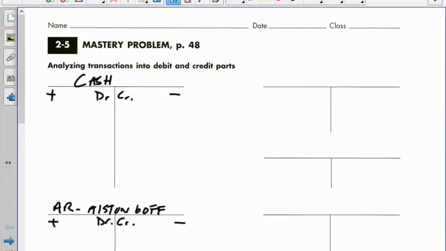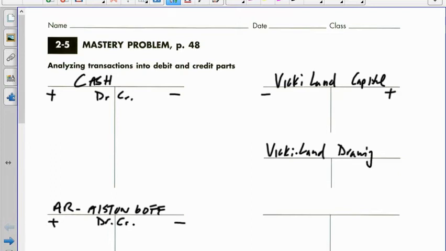We move to the next column, and we got an account called Vicky Land Capital. Right side of the accounting equation increases on the right side of the T account. Next account is Vicky Land Drawing. It is the opposite, right?